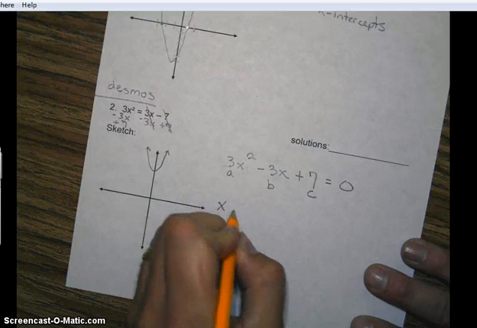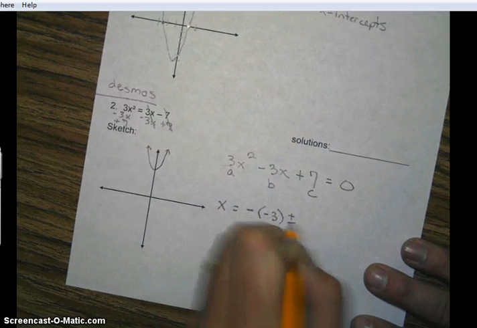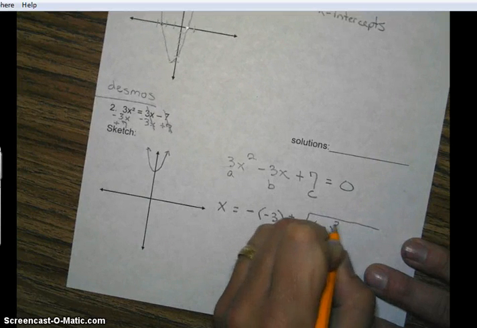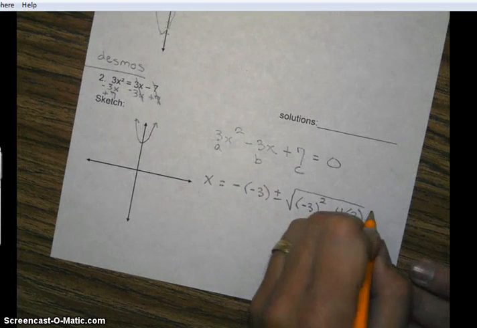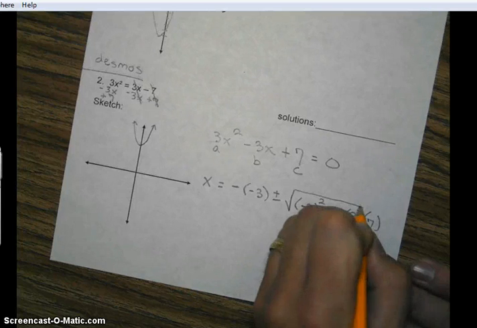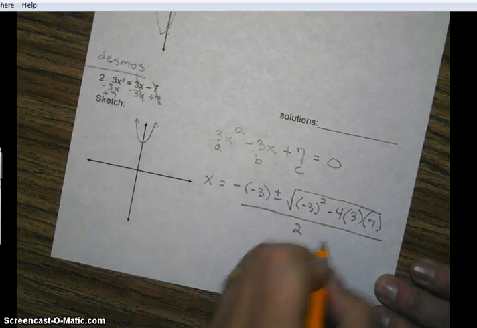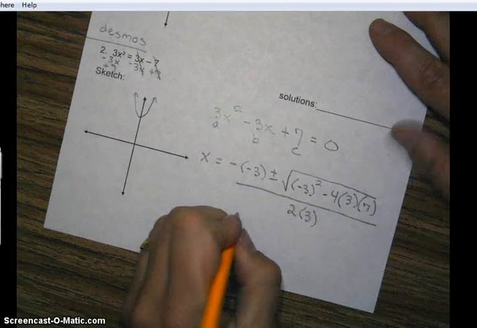So x equals negative b plus or minus the square root of b squared minus 4 times a times c, all over 2 times a. So we end up with 3.